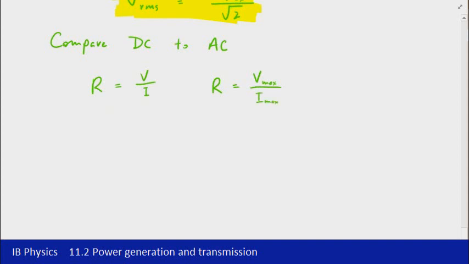Now, the data booklet here uses a slightly different notation, so I'm just going to change that to match. Instead of the maximum, they just refer to the naught value. So V naught on I naught is the maximum, and that's also going to be the same as the RMS value divided by the RMS value for current. So that is another equation that you'll find in the data booklet, that one there.